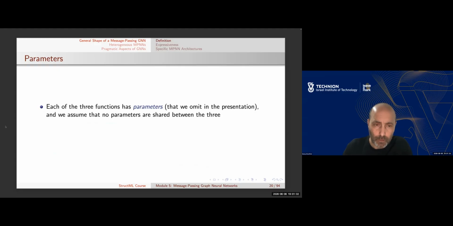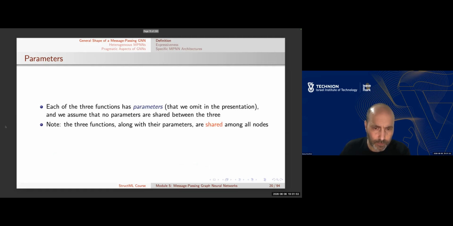Do realize that in principle, each of the three functions can have parameters. We omit them from the abstract representation, but there can be parameters. Usually, alpha doesn't have parameters. It's a simple function like average, but it can have parameters. These parameters are not shared, unless we say so explicitly.